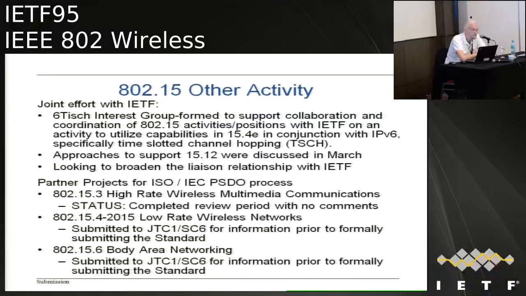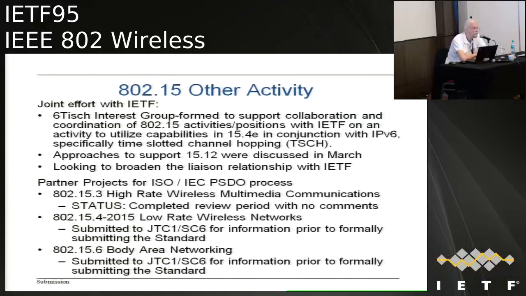Comment is, these are exactly the items that 802.15 is submitting via the ISO IEC JTC1 SC6 process. It's all underneath this agreement that IEEE and ISO IEC JTC1 have, called the PSDO process, where IEEE is able to submit standards to this group for their consideration for international standardization.